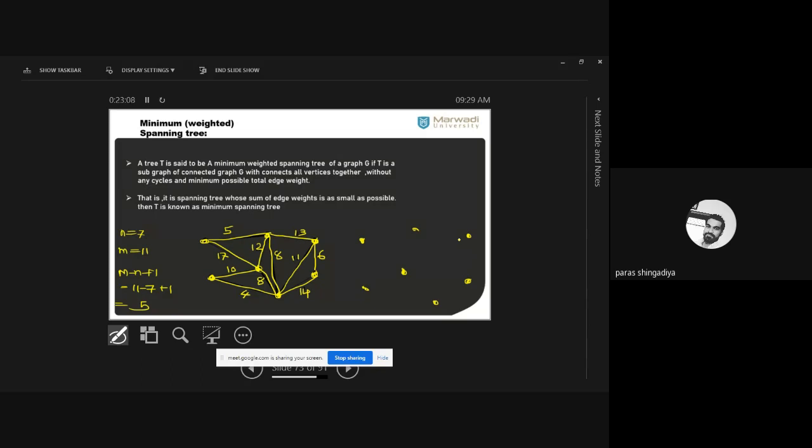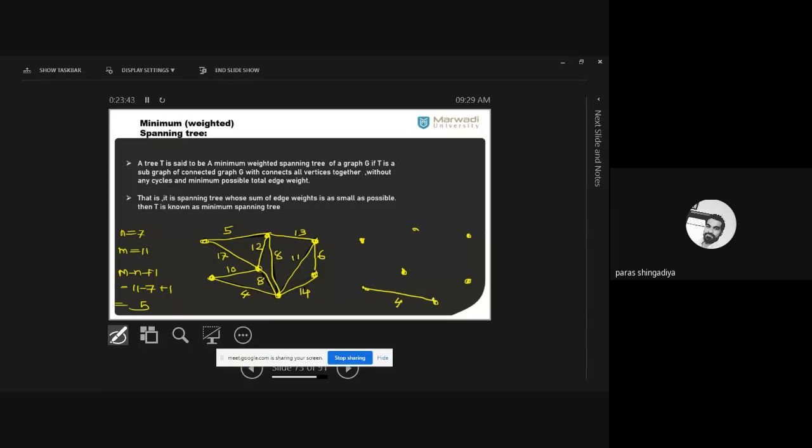Now we connect first such two vertices whose edge weight is minimum. So what is the minimum weight in this graph? 4 is the minimum. So first we connect those two. We will start with the minimum possibility of the weight. So first connect these two vertices. 4 is the minimum weight, so this edge will be considered in our tree. This weight is the minimum.